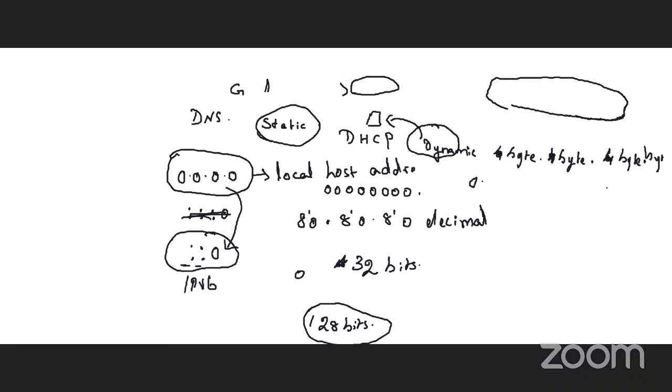Each is a single byte, and 1 byte is 8 bits. Each consists of 8 bits, so you can represent 2 power 8 addresses for that range. So 0 to 255 will be the range of the first portion. Similarly, 0 to 255 for A, B, C, D.